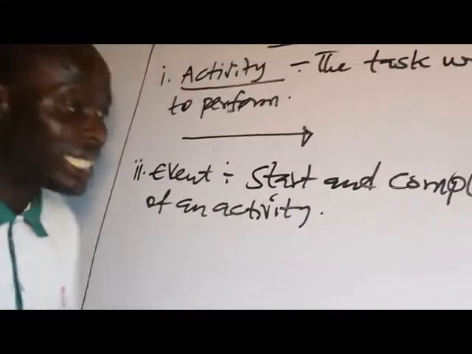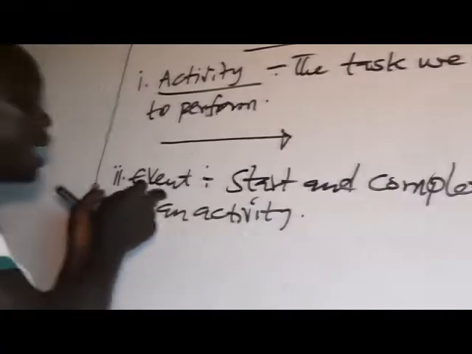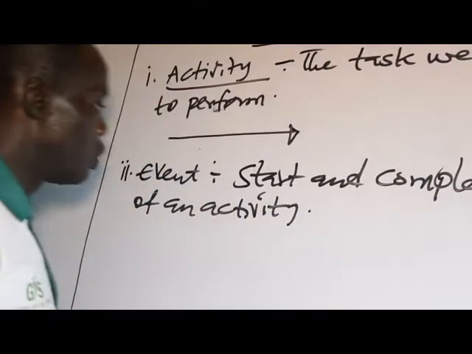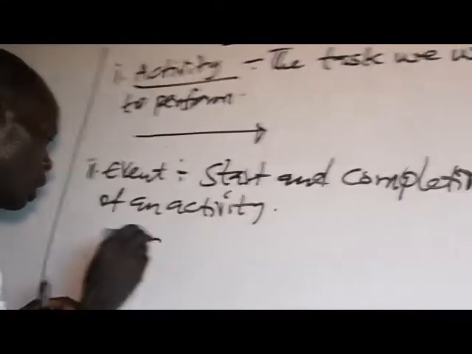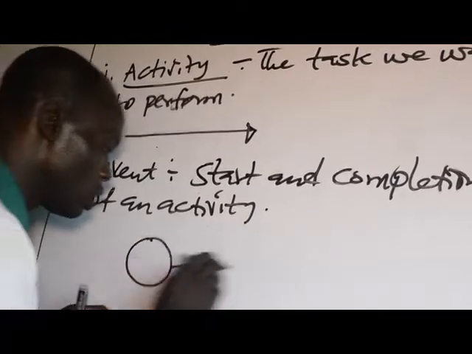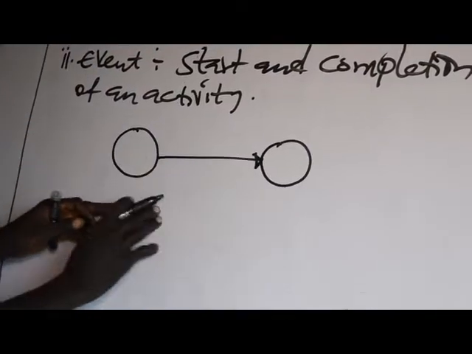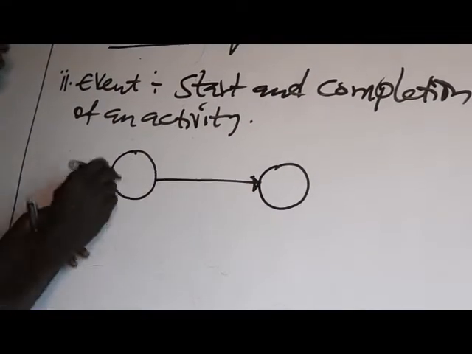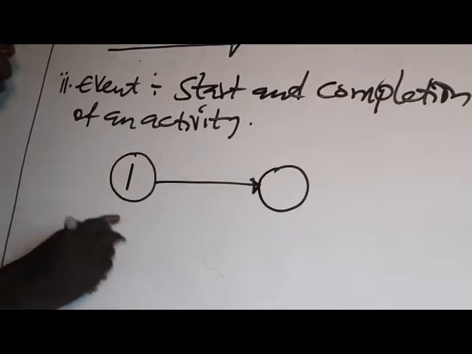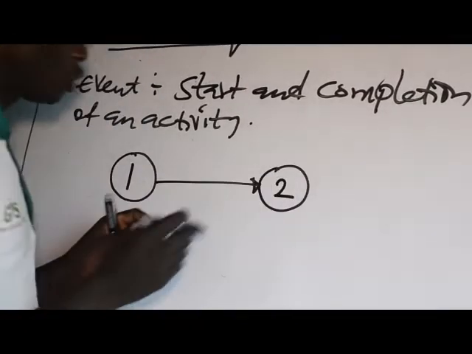This is one node, and this is another one. So this is an event, and we usually number it, number 1, number 2.